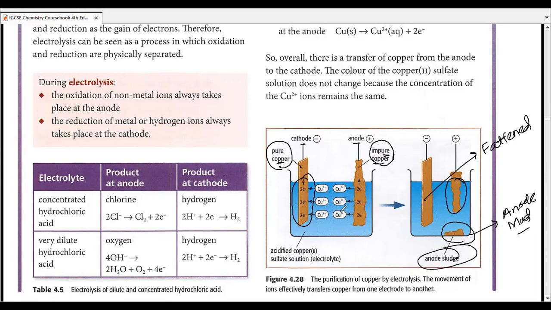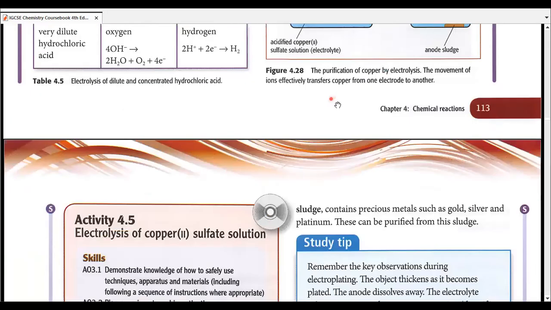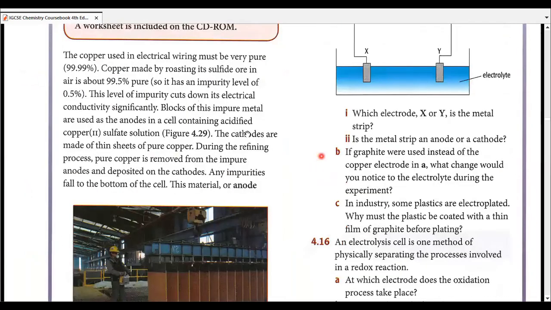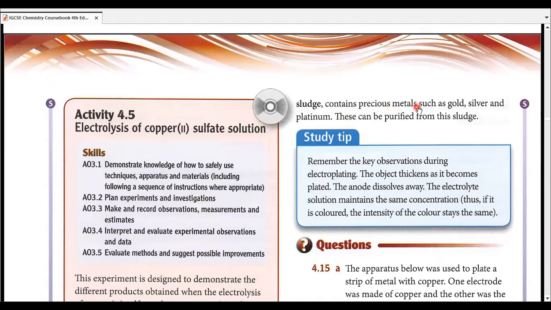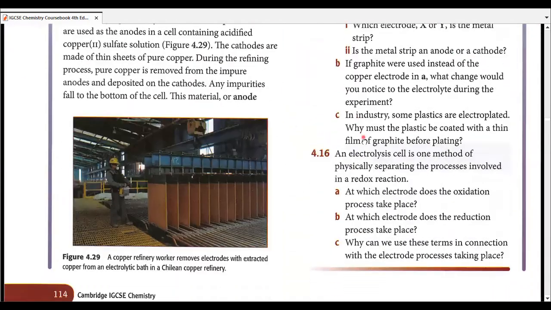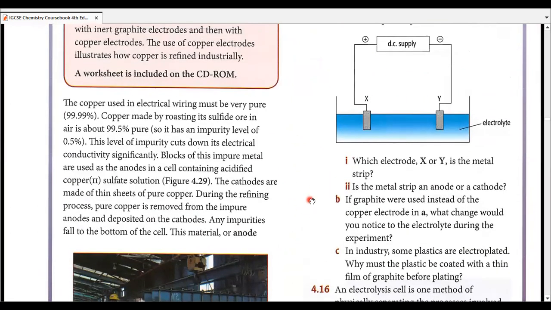It has earthy particles like the soil, like sand, like silt, but it sometimes also has some very precious metals. So this material actually contains precious metals, sometimes gold, sometimes silver, sometimes platinum. So we don't throw away this sludge. Instead, this sludge is further purified and the important materials are sold. A very good idea. So we keep replacing the anodes after regular intervals, and that's how we purify copper.